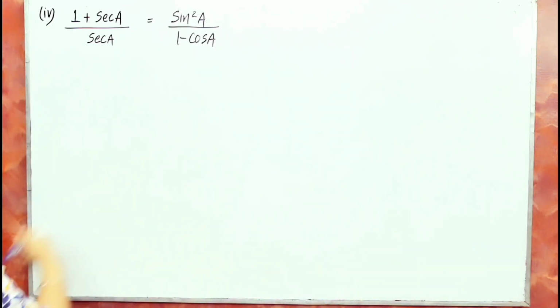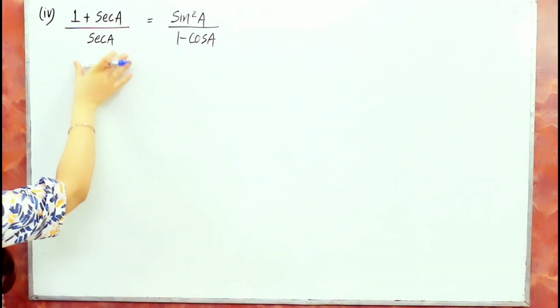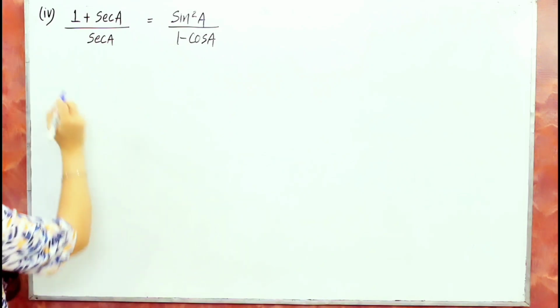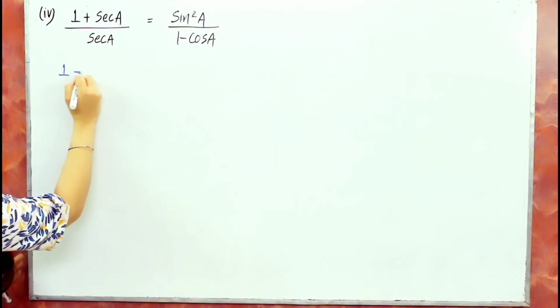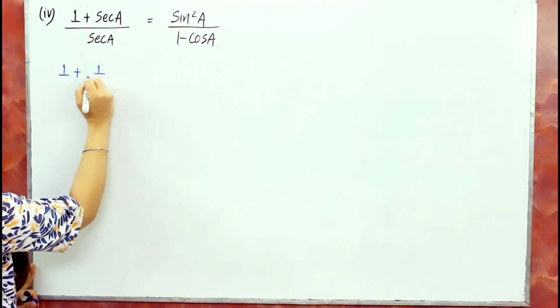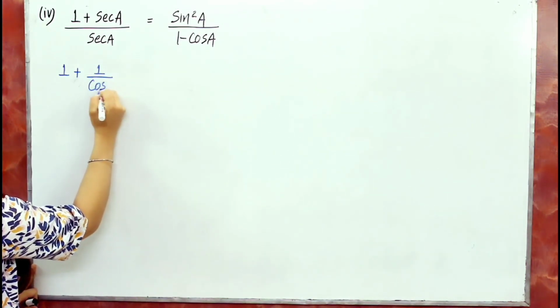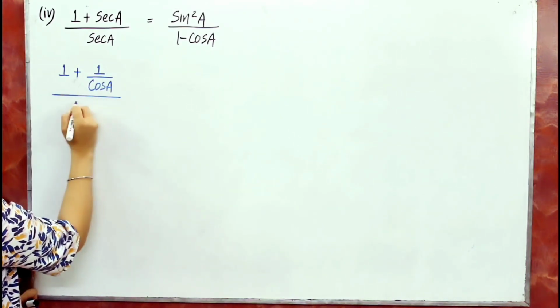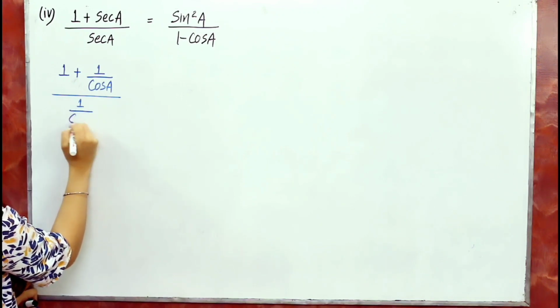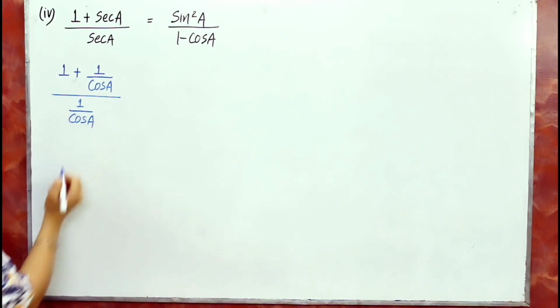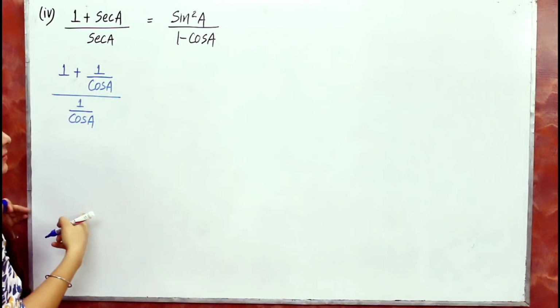So let's start. On this side, I am going to convert secant in the form of cos. So I'll write 1 plus sec a as 1 plus 1 upon cos a, and in the denominator this is 1 upon cos a. We have taken the LHS side here.